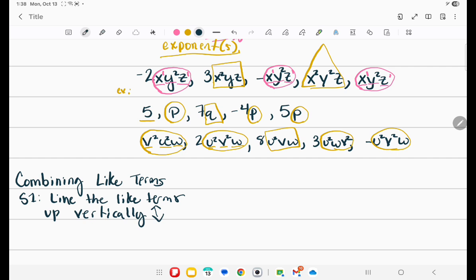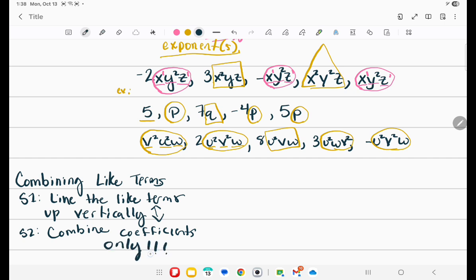All right, when you find like terms, line them up vertically. And then step 2. Combine. Combine means both add and subtract, but combine coefficients only.